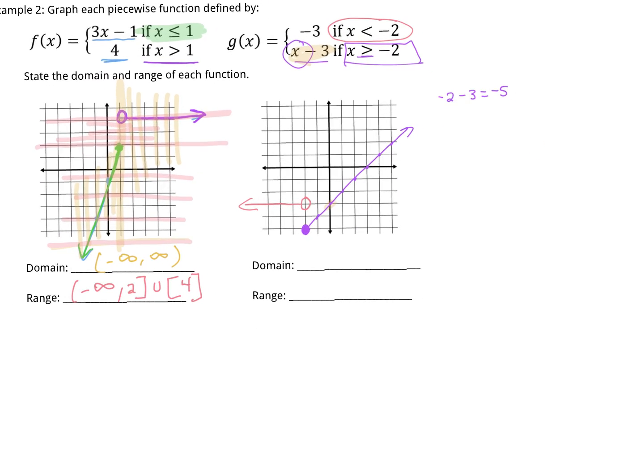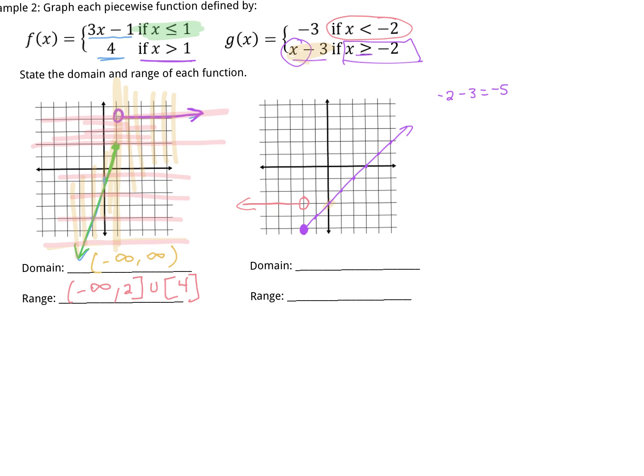Let's talk domain and range. Once again, if we draw points from smallest to largest, so left to right for domain, there's no break. There's no place where we do not hit a point. So what that's telling us is that our domain is from -infinity to +infinity. Our range is a little bit different.